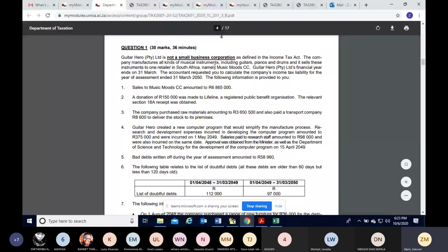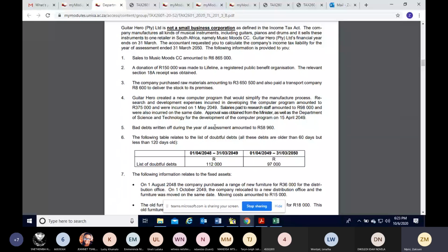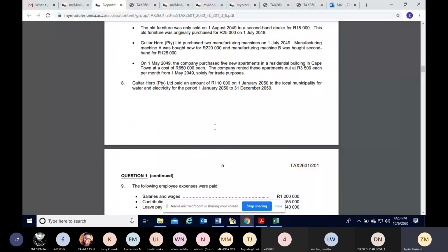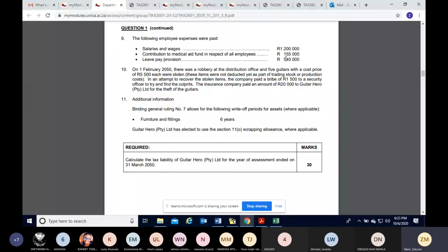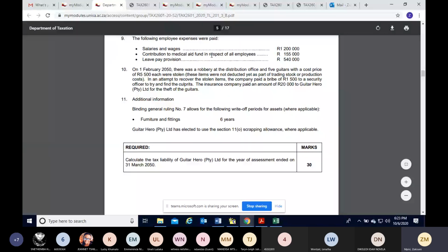Important thing, donation section 18A, you know that it is the last calculation before you get to your taxable income. So if you get expenses clustered in this manner and you are told that this is just salaries and wages, and additional information gives you how they are broken down, for you to get marks, you need to make sure that you write them in and uncluster them or break them down.